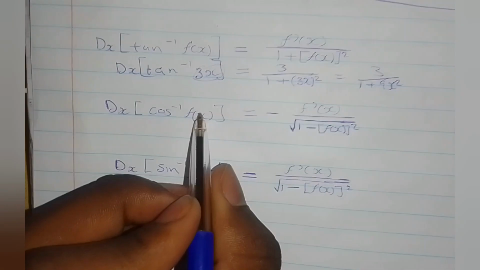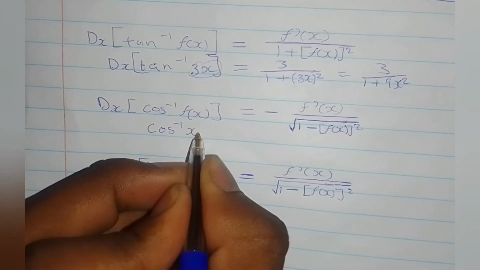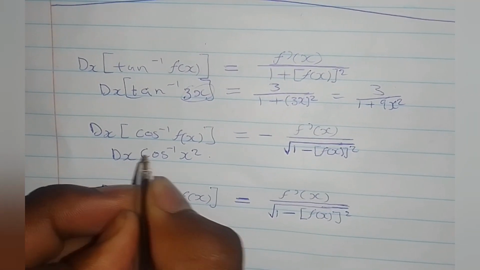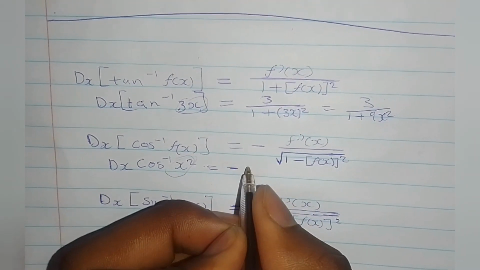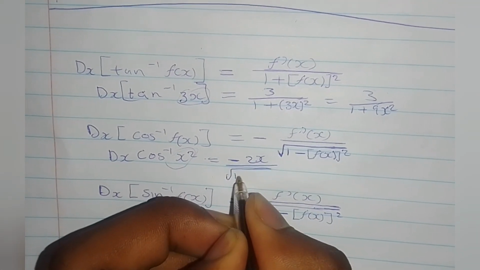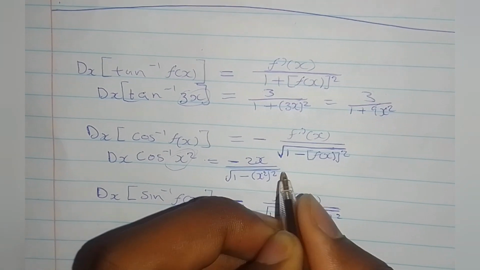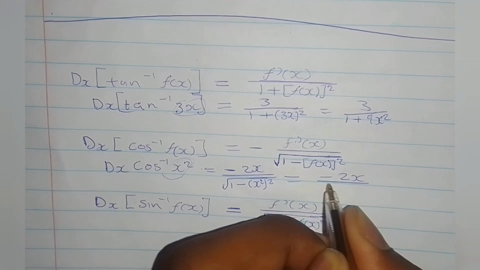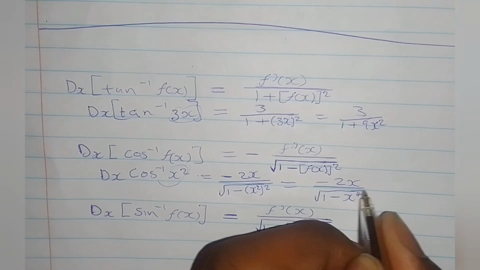Now deriving arccos of x squared, for example: when you find the derivative of this, it's going to be minus the derivative of the inside, which is 2x, divided by the square root of 1 minus the square of that function, which simplifies to minus 2x divided by the square root of 1 minus x to the 4th.